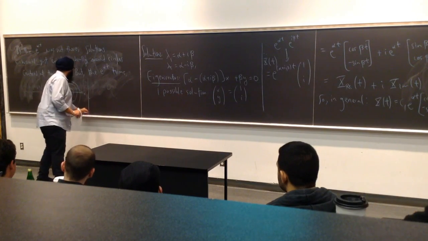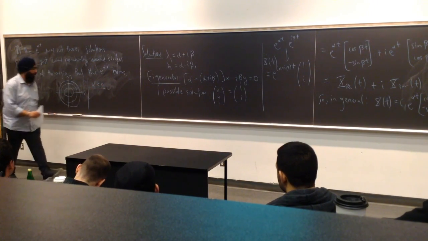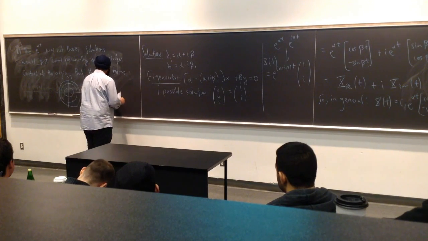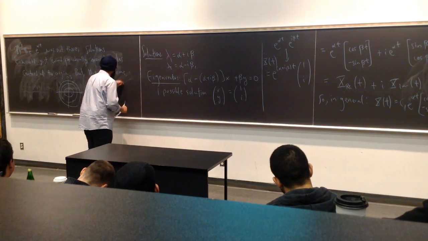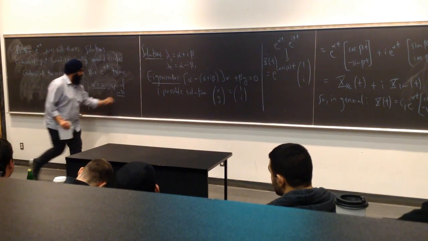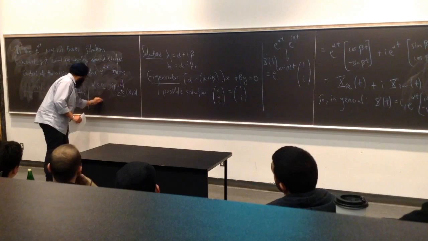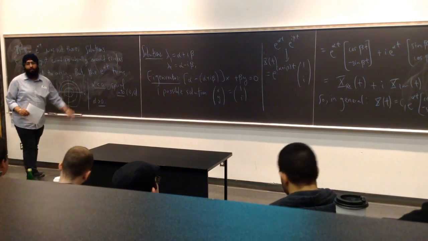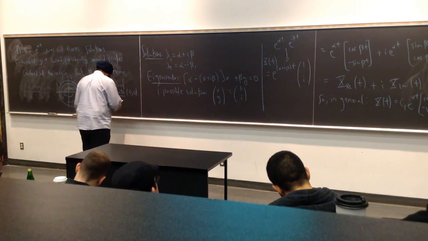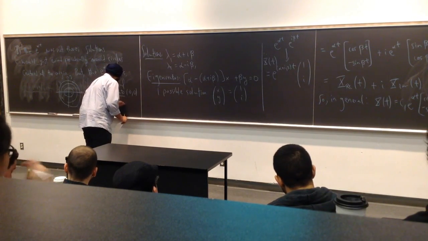And as you can confirm, if alpha is less than 0, then these solutions spiral into the origin, (0, 0). If alpha is greater than 0, it's the other way: they spiral away.